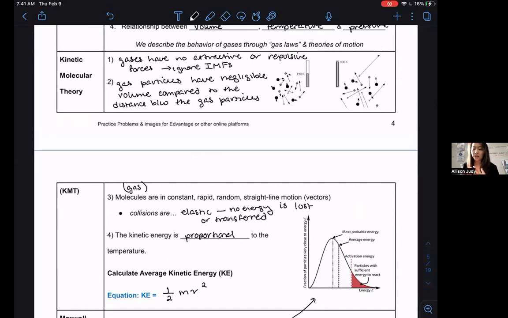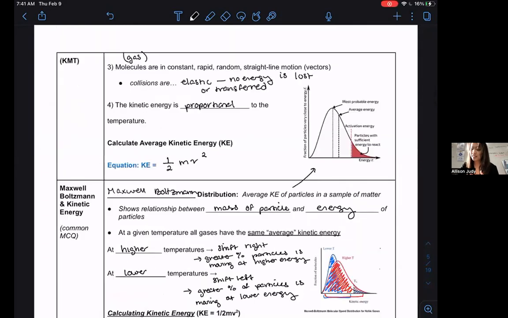They don't engage in any IMFs. They have essentially negligible volume compared to the distance. Low pressure means less condensing of the particles, far more space and spread out between each particle. And we're assuming that they move in straight line vector motion so that collision is essentially elastic.